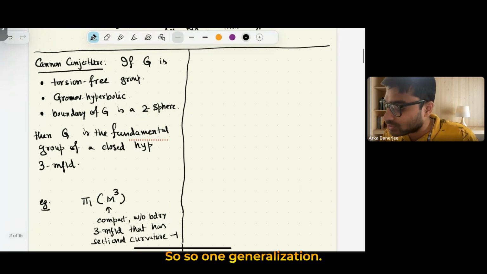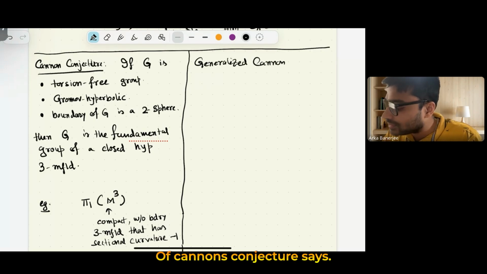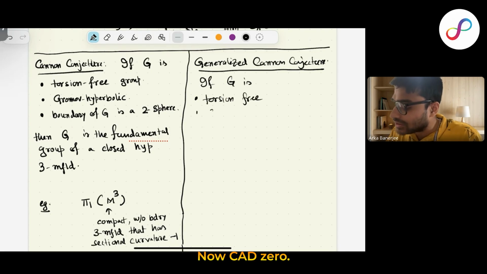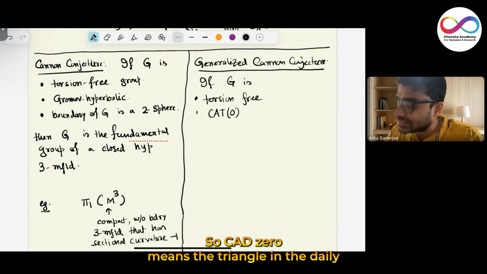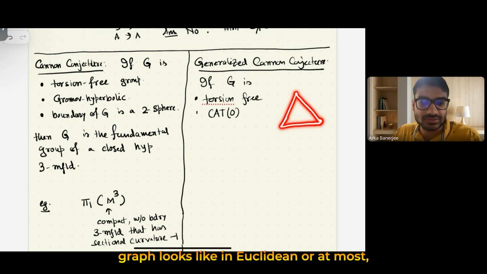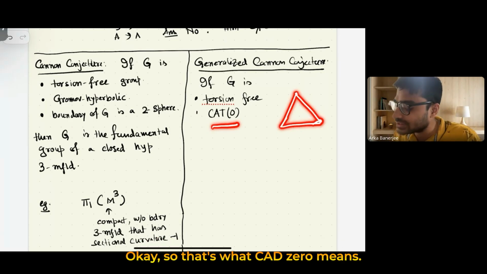So one generalization of Cannon's conjecture says: if G is, again, torsion free and CAT(0). CAT(0) means the triangles in the Cayley graph look like Euclidean triangles, or are at least as thin as Euclidean triangles.